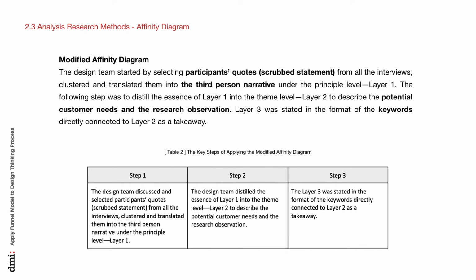In this study, the modified step is to define 3 layers. Layer 1, principle level, layer 2, theme level, all the way to layer 3, keywords, to help translate the participants' quotes to keywords that influence and inspire the design work.